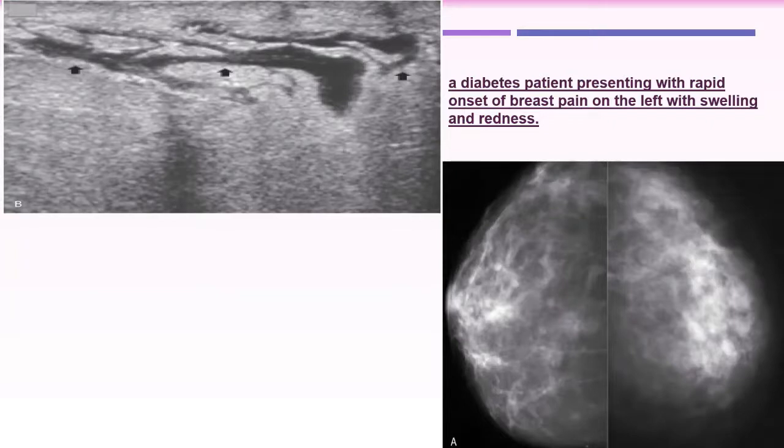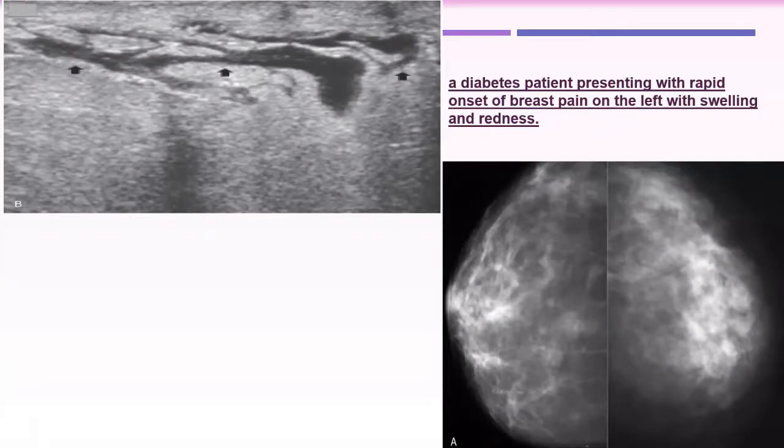Ultrasound shows thickening of the skin and signs of edema. What are the signs of edema? The subcutaneous fat becomes hyperechoic, with lack of differentiation between the tissues.